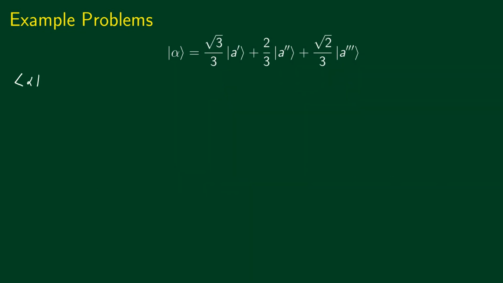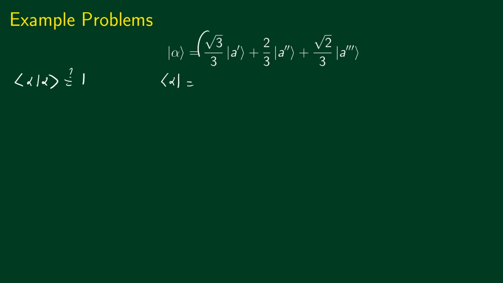So let's check for normalization. Is this combination, bracket alpha alpha, equal to 1? First, ket alpha is given here. Let's find bra alpha. We know that when you go from ket space to bra space, the numbers have to go into their complex conjugates.